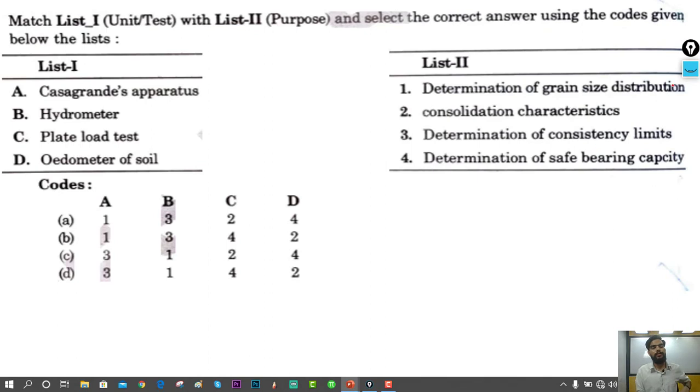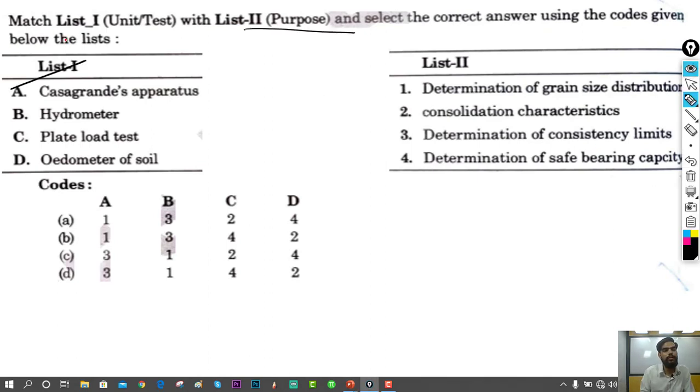Okay. In this question, we just have to match list 1 with list 2. What is list 1? A is the Casagrande apparatus. Guys, the Casagrande apparatus is used for consistency limits. So here, where is consistency limit?